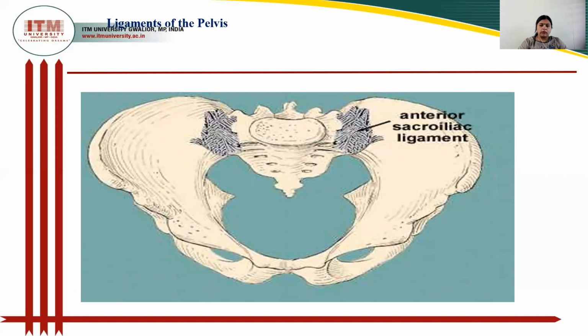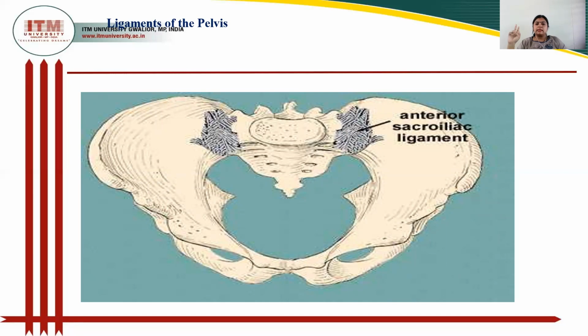So now let us see about the ligaments of the pelvis. These are very important. So what ligaments are there in the pelvis? How many ligaments are there? The first ligament is the anterior sacroiliac ligament.